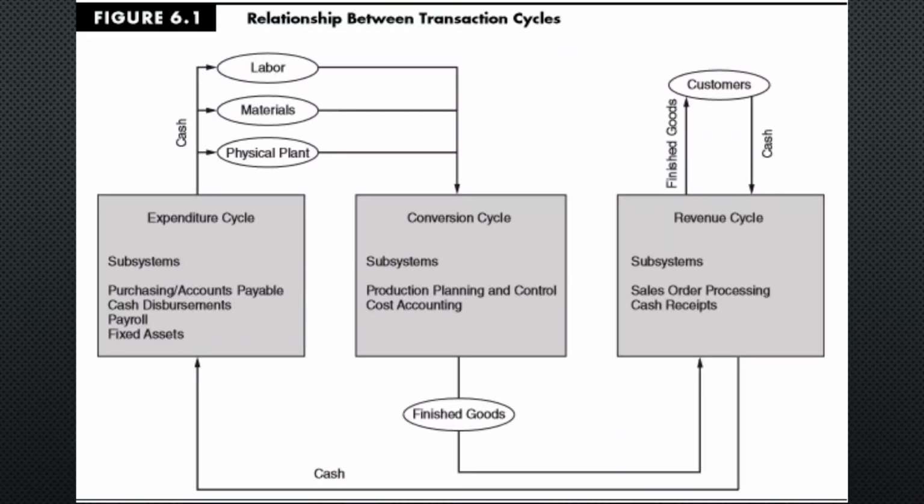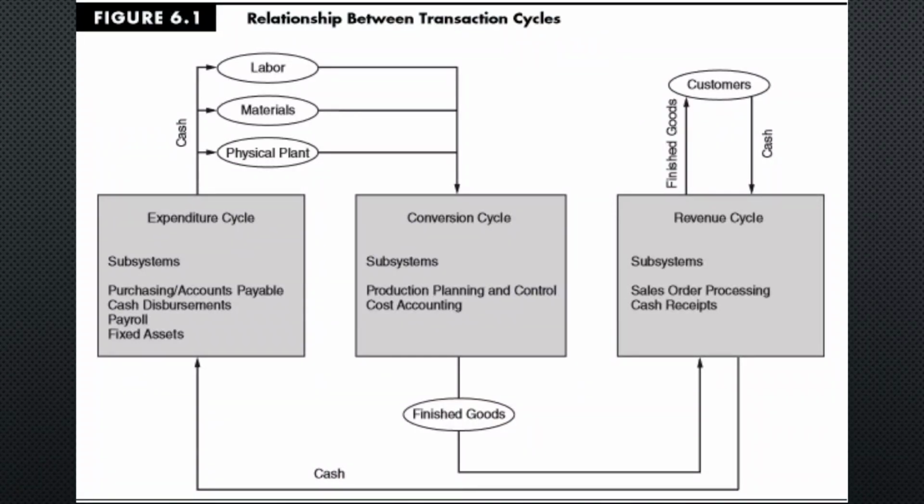Then mapupunta siya sa expenditure cycle na kung saan nagkakaroon ng acquisition of goods and services. Then pagkatapos sa expenditure cycle, mapupunta siya doon papuntang conversion cycle. So dito na napoprocess yung input and output process.